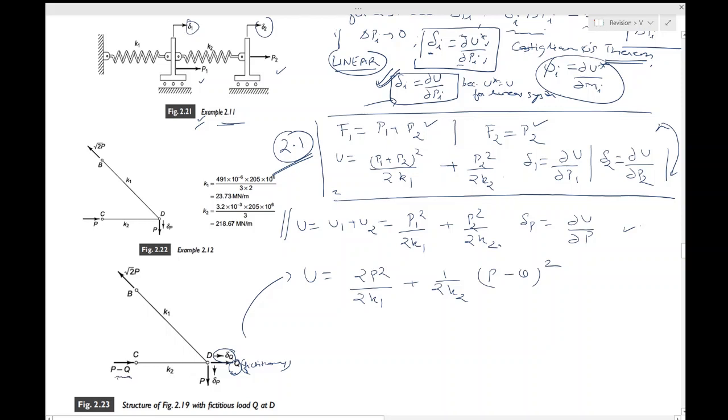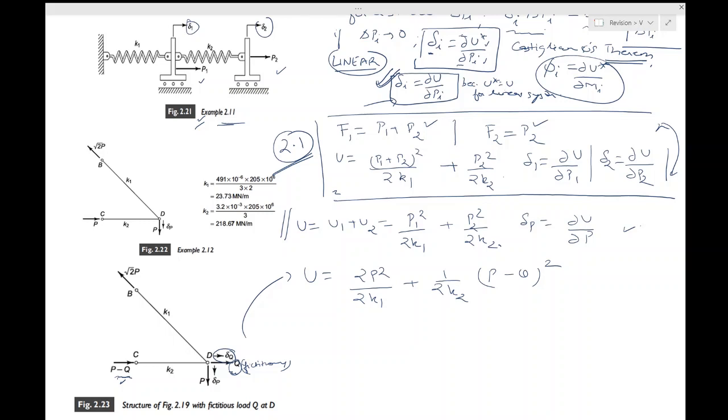Otherwise this CD will not be in equilibrium anymore. So that's why you are putting a minus Q over here as well. So the forces in the individual bars which are required to satisfy the equilibrium requirements are indicated, and now the total energy in terms of the loads P and Q is given in front of you.